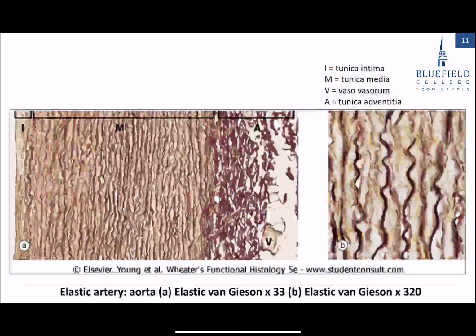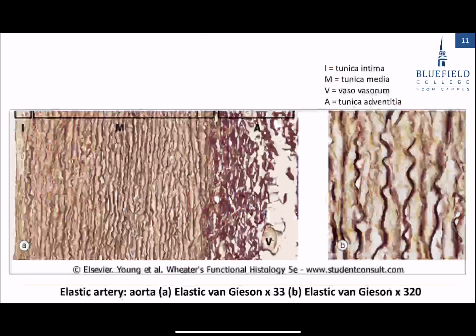Somebody may have drawn it a little bit over here, somebody may have drawn it a little bit further this way, and I could see a lot of people wanting to draw it right in here instead. So don't get caught up in how to tell the difference there. You won't have to define exactly what the border is between intima and media, okay? But if we take a look, this is stained with an elastic stain.